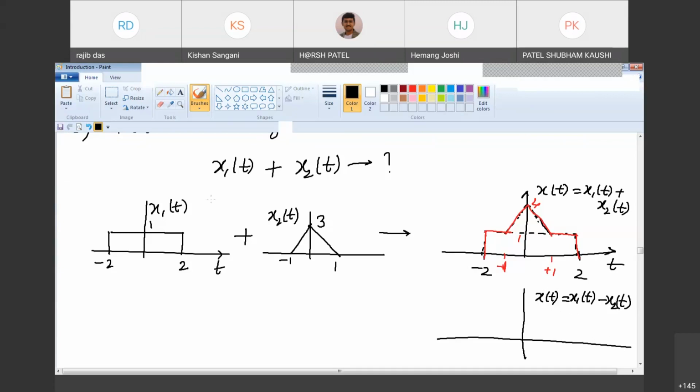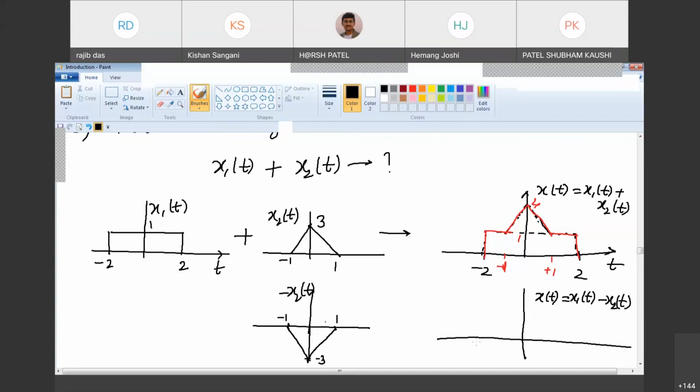So I consider minus x2(t). The magnitude is reversed, so at 0 it was +3 and now it has become -3, at -1 and +1. So this is your minus x2(t), and these I can simply add.